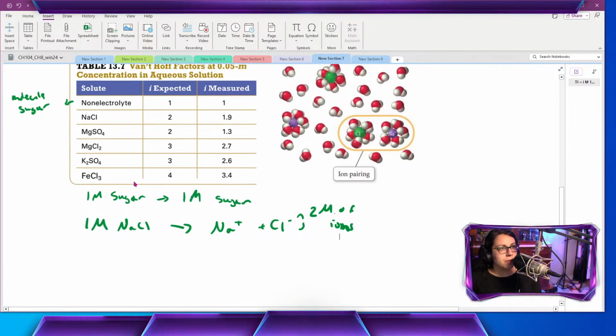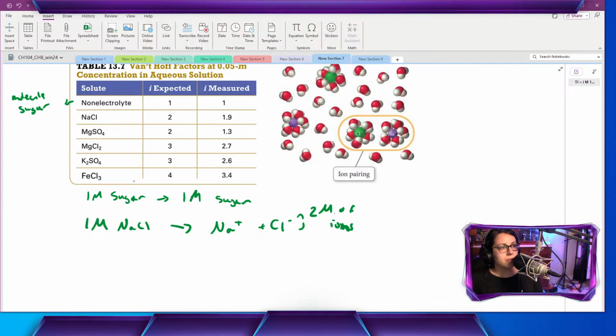And so let's keep going. And if you note, like magnesium sulfate here, it's a little bit larger. So apparently its true measured van 't Hoff factor isn't quite 2. But again, for our purposes, it dissociates into magnesium and sulfate. So it has a van 't Hoff factor of 2.